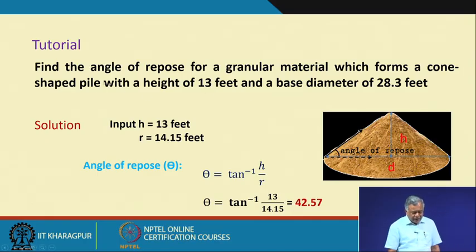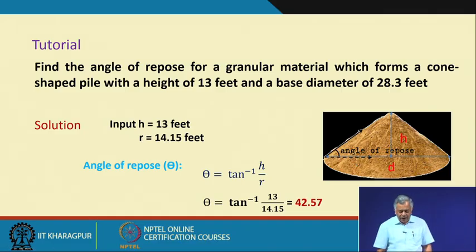There is a small example through which I would like to show you how to calculate it. Suppose I say, find the angle of repose of a granular material which forms a cone shaped pile with a height of 13 feet. That means you have stacked this granular material, the height is 13 feet, and the base diameter is 28.3 feet.